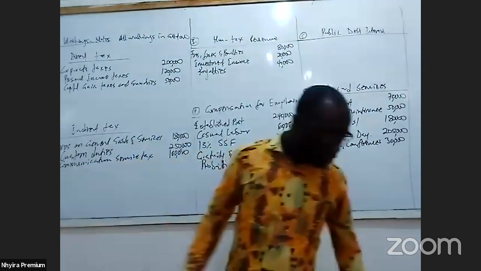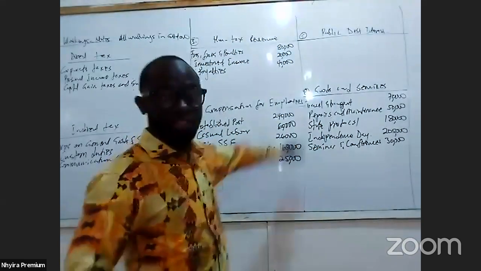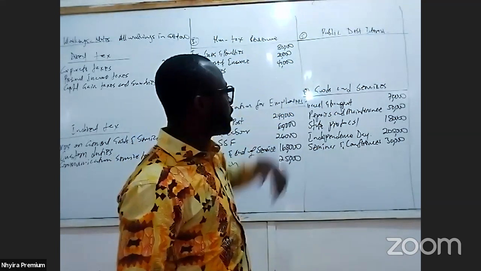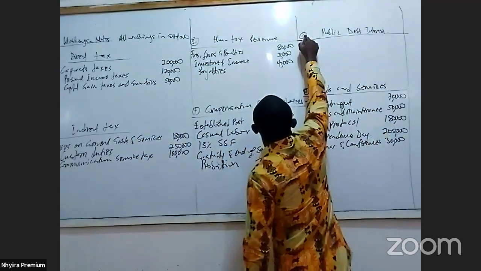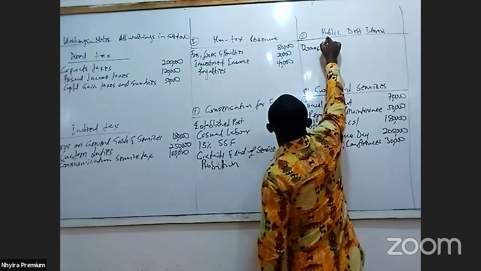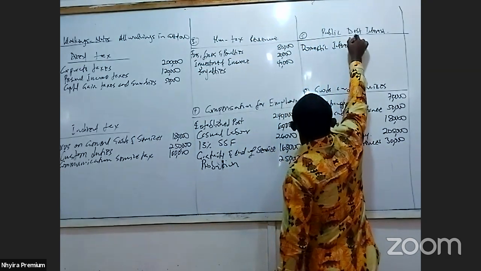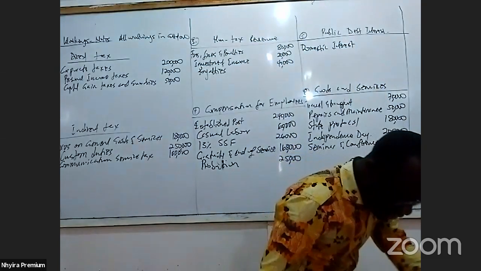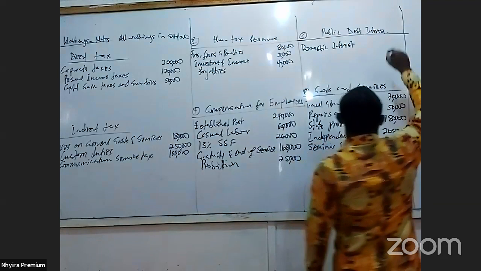Next one, domestic debt interest, external debt interest. Okay, so we have our public debt interest set up there. So let's bring it up. Domestic interest. That is giving us an amount of, let's see, 400K.